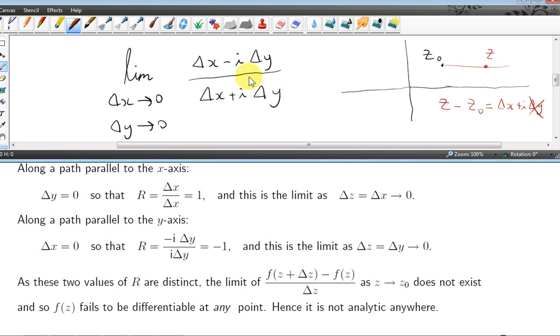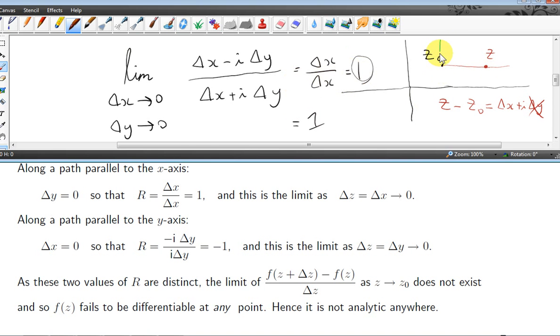So in that situation, this quotient here is delta x divided by delta x, which is 1. And when we take the limit of a constant, we just get the constant. So the entire limit is going to be 1 if we're taking the limit along this path here.